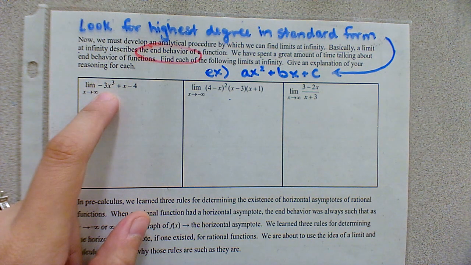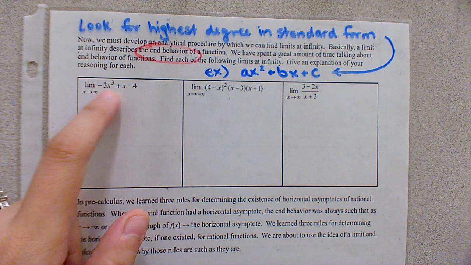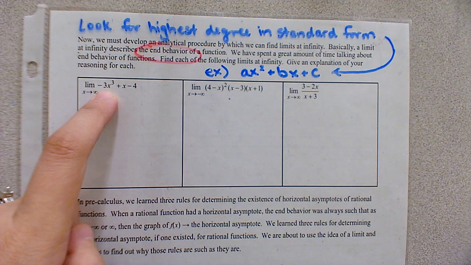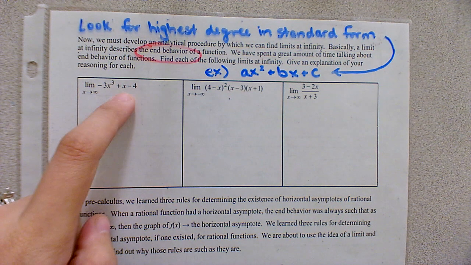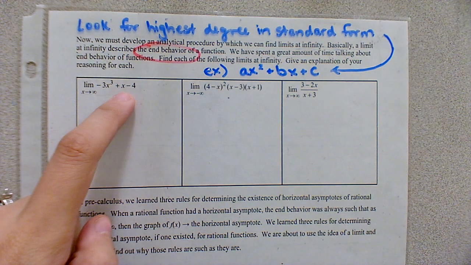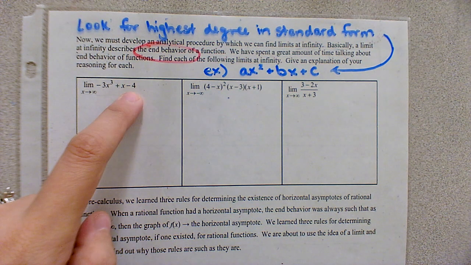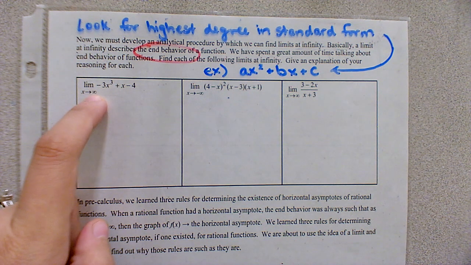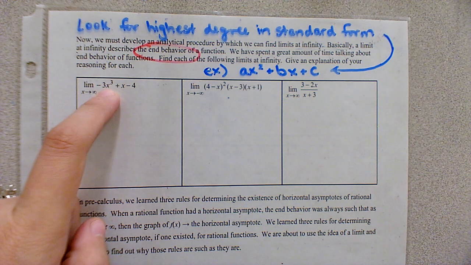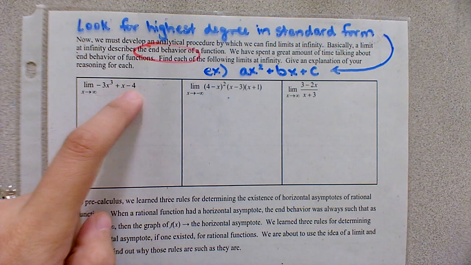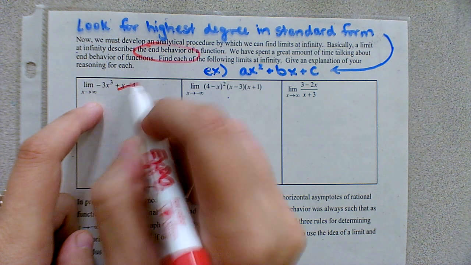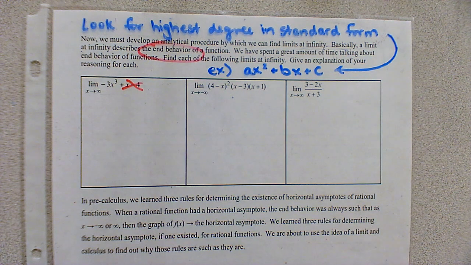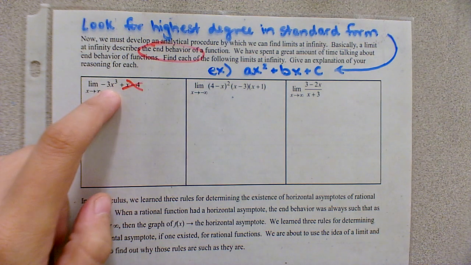So if we were to think about plugging in infinity, notice how this term, because it's cubed, would be affecting the value more than these other ones, because you just have a single x and then a -4. So if you're plugging in a really, really big number, this is going to be gigantic because you're cubing it. So then these are kind of insignificant, because they're much, much smaller values than what this one would be.